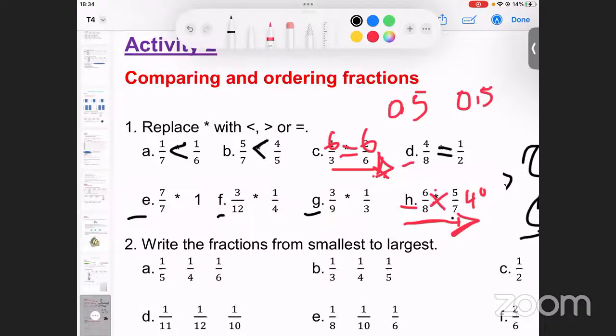Yes, you're supposed to replace the star with less, greater, or equal to. All right? Okay, perfect. And if you finish before 1840, state your name, say Ria, done, and then I will see who's not done yet.